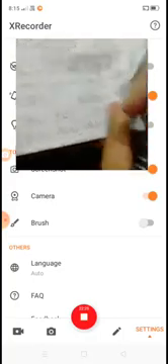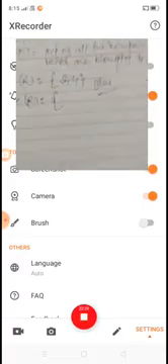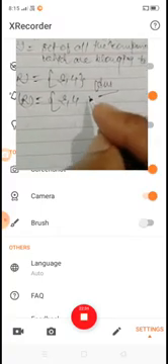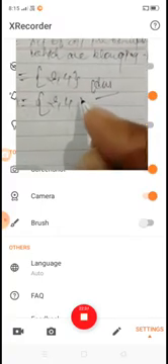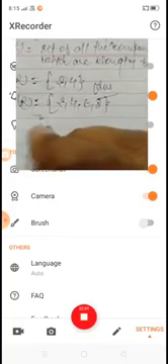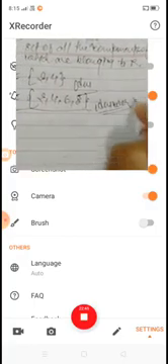So the range of R is {2, 4, 6, 8}. This is another answer.